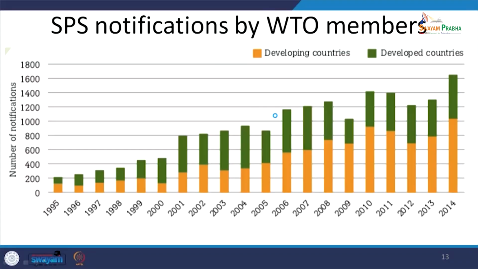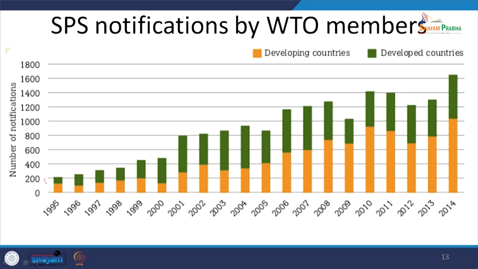So, it is rising. Now, this diagram is also dividing developed as well as developing countries' notifications. The number of notifications is mentioned on the left panel, whereas the years, the time, is mentioned on the horizontal axis.